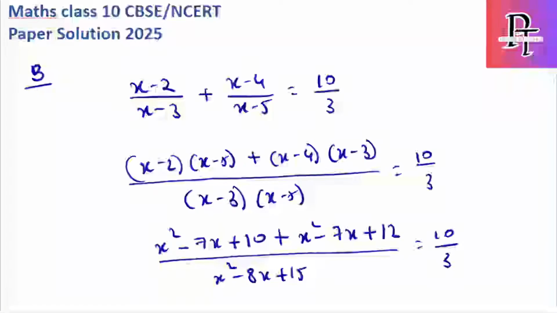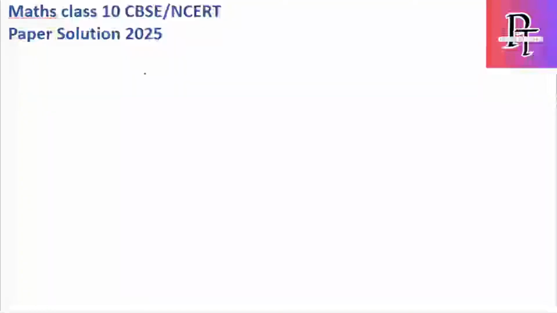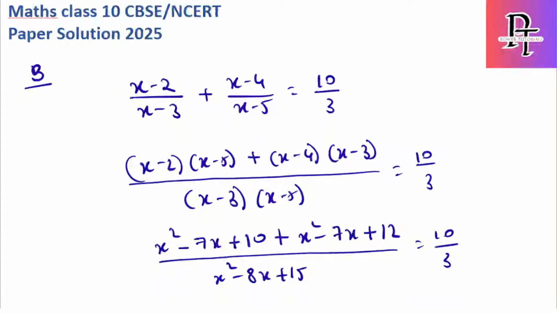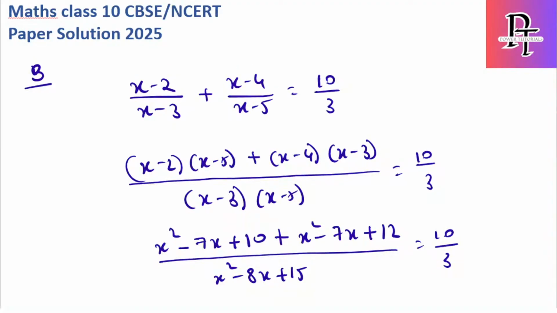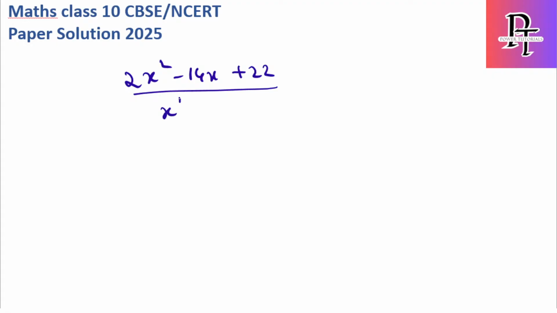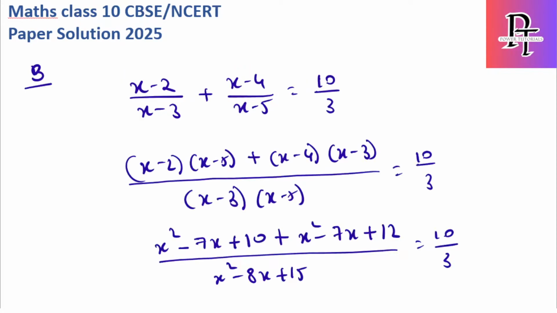Okay, so x square plus x square is 2x square, minus 7x minus 7x is minus 14x, 10 plus 12 is 22, by x square minus 8x plus 15. What is the right side? 10 by 3.